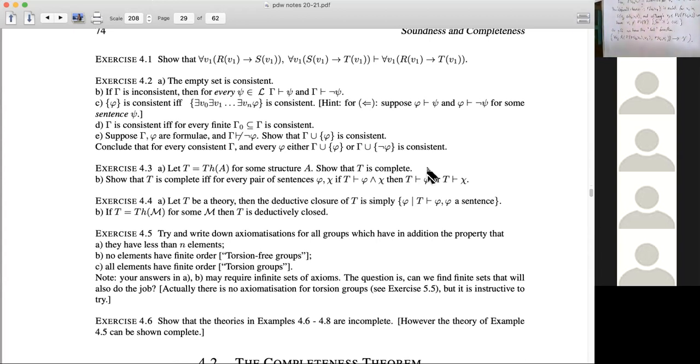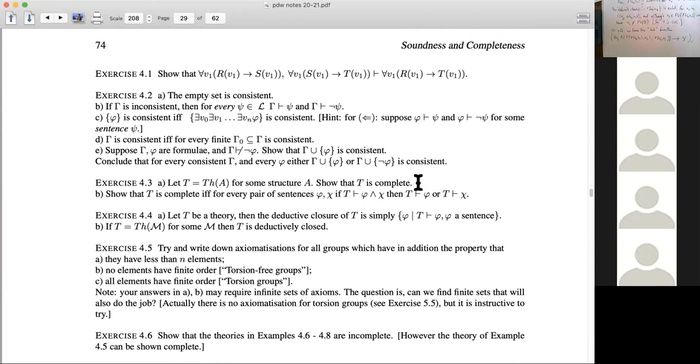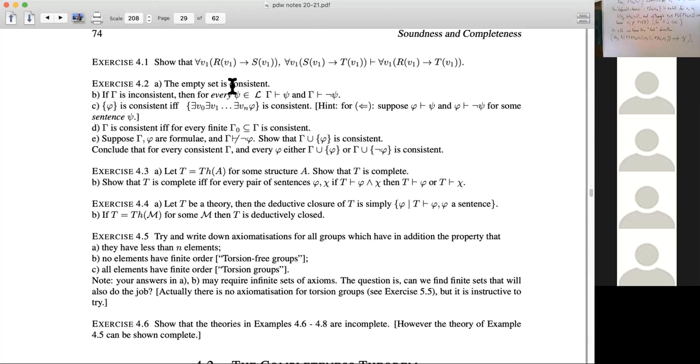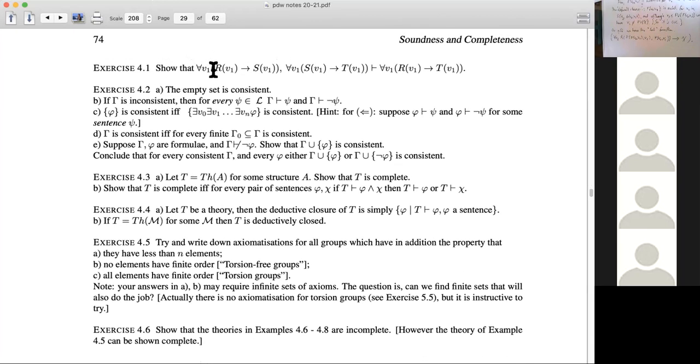Okay, so here, I was going to set 4-2 and probably 4-3 and either 4-4 or something from 4-5. If you look at 4-1 up here, that is still almost could have been in the last section. It's also another proof.